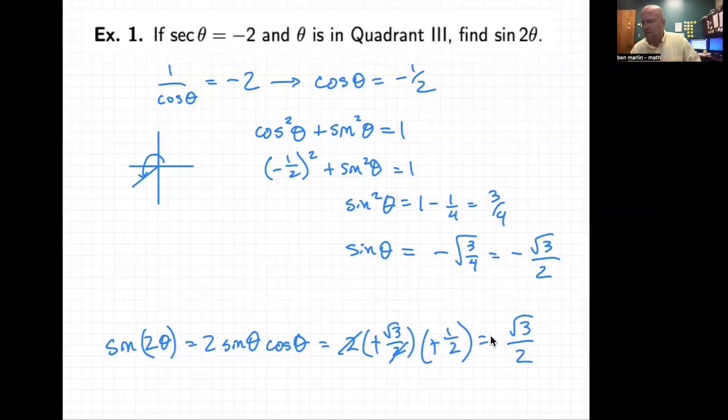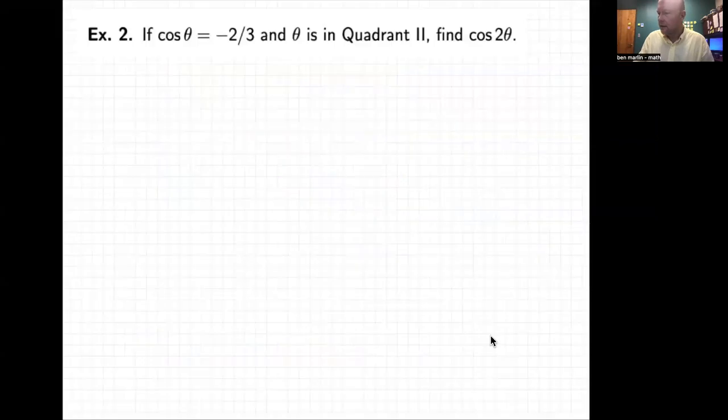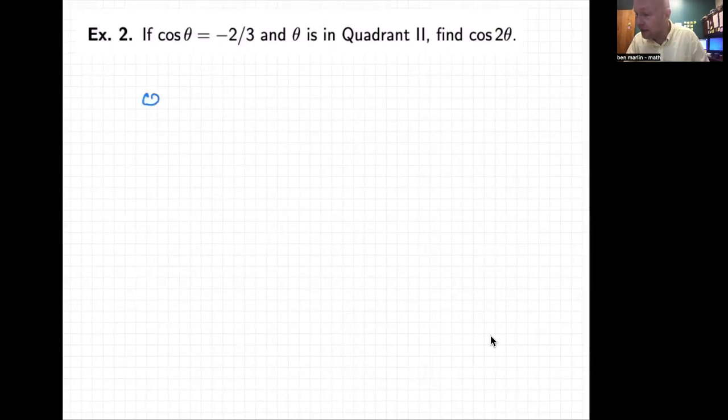Okay. All right. So here on this second one, we're dealing with cosine 2 theta. You can use any of the cosine formulas that you want, but because I'm very lazy, I'm going to use the version that said 2 cosine squared theta minus 1.